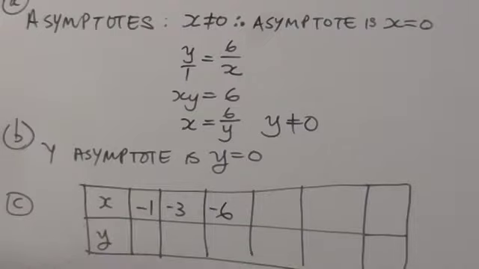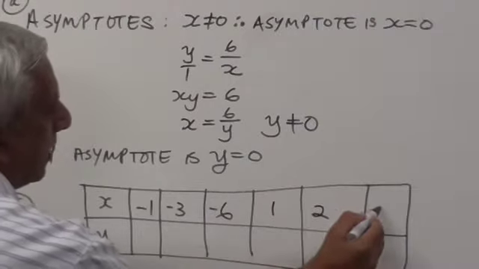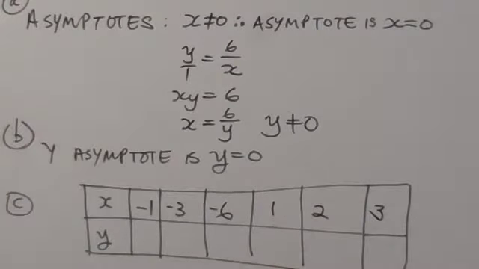You could choose any number you like. I've just chosen those. Suppose you choose 1, 2 and 3. As long as it divides exactly into that, you can choose any number you like. If you've got 3 ordered pairs on each side, you'll get a good idea of the shape.